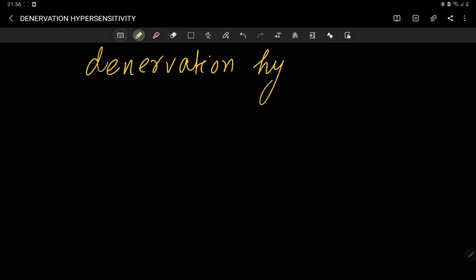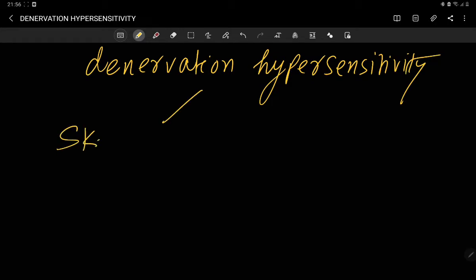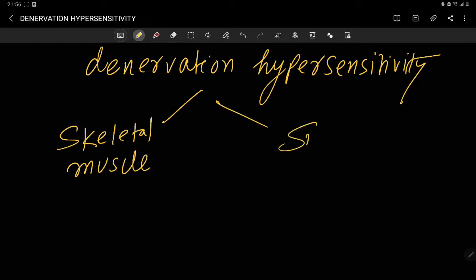So where does this happen? The degeneration hypersensitivity, or denervation hypersensitivity, occurs in both skeletal muscle as well as in smooth muscles.